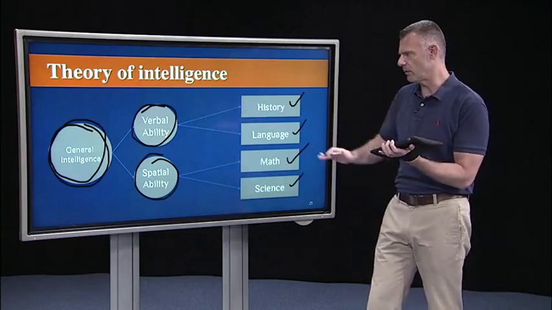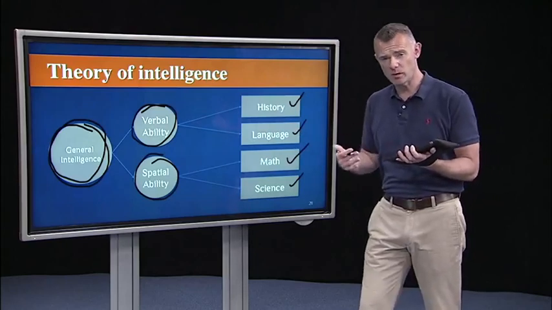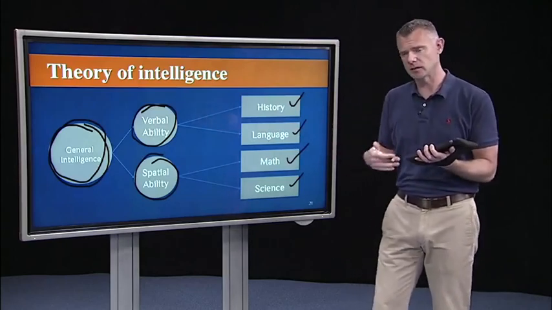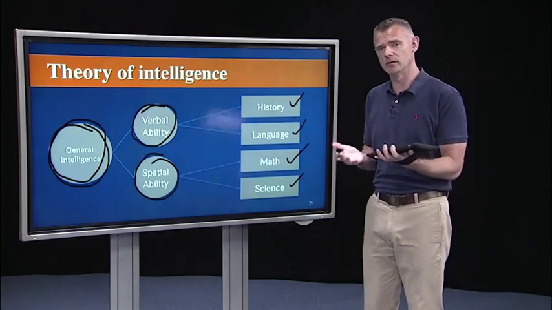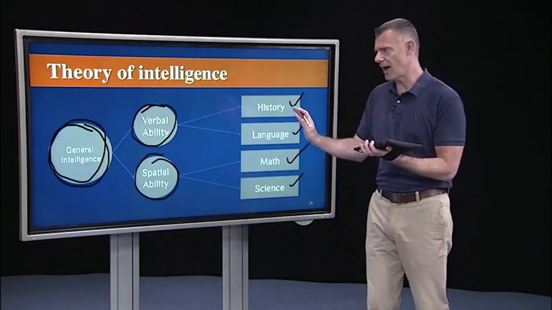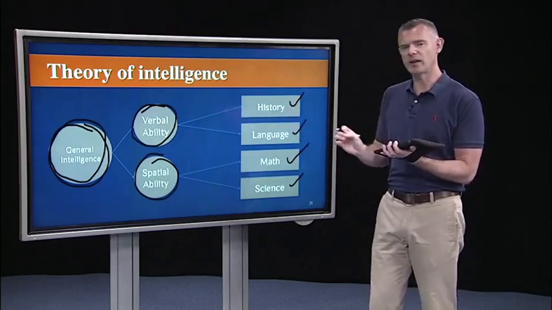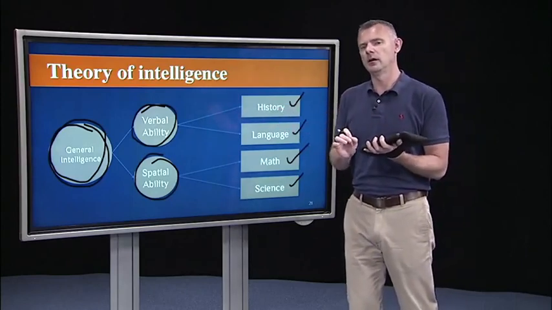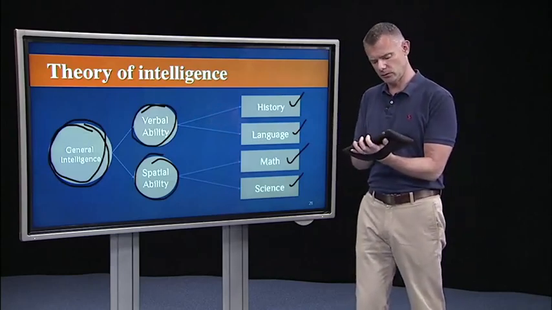So this is the dominant prevailing theory of intelligence, and it's supported by years and years of studies that have examined patterns of correlations. So this hierarchical model of intelligence is supported, just like the Big Five factor model of personality is supported, by correlational research.